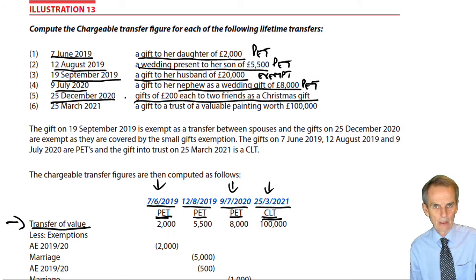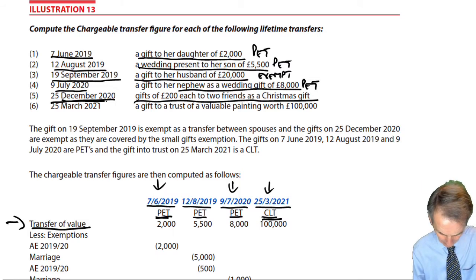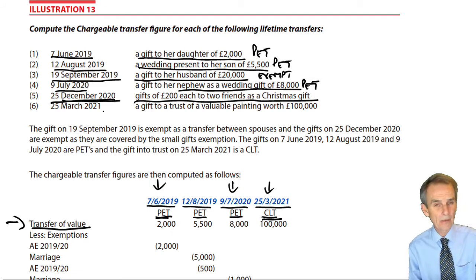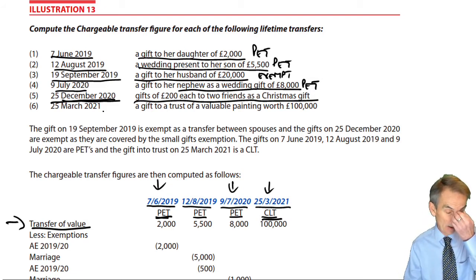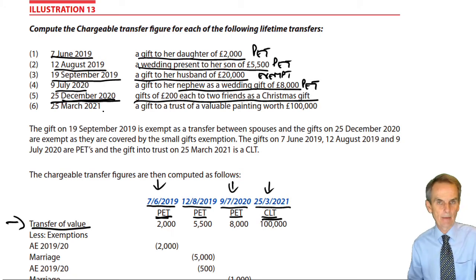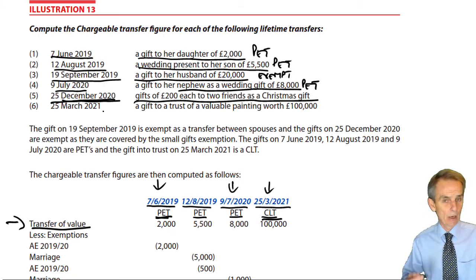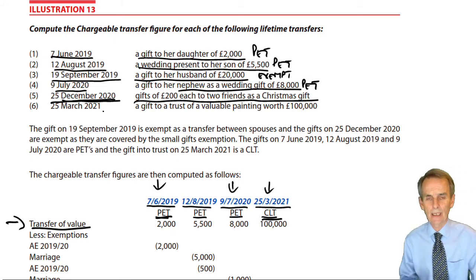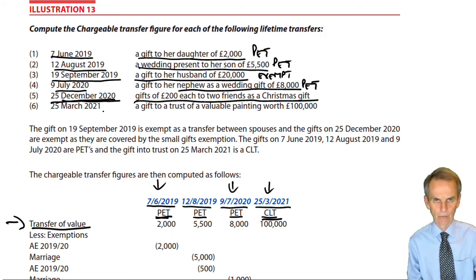But be careful, because what we then need to see is if that was the 25th of December 2020, so within the 2021 tax year, were there any further gifts in that same 2021 tax year, before the next 6th of April to the same friends. And if those amounts, if there were any, took you over in total for the tax year to 250, then there'd be no small gift exemption.